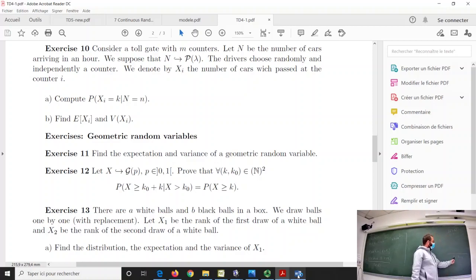If I am strictly greater than this one, it means that I am greater or equal to this one, in order to have all the terms of the same form. So I apply what I have said.